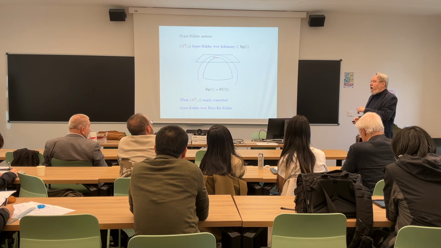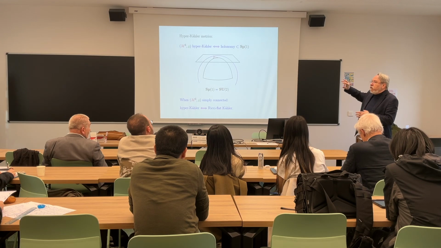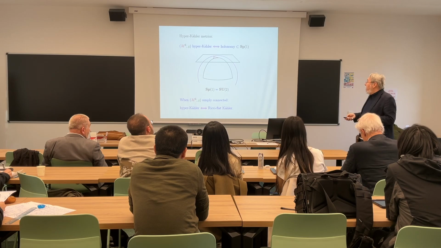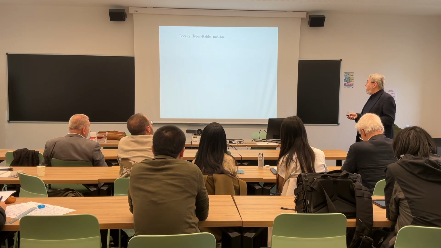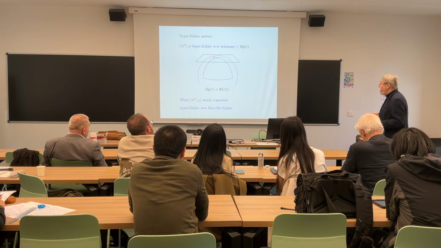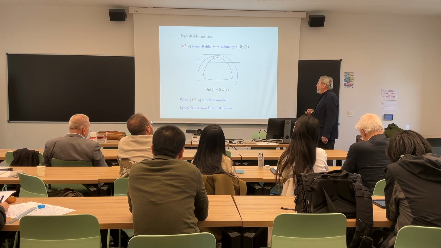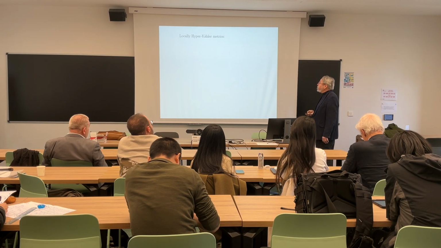If you allow non-simply connected manifolds, there can be some discrete extra piece of the holonomy that you don't get just from the loops that are homotopic to the identity. So there can be extra monodromy involved.